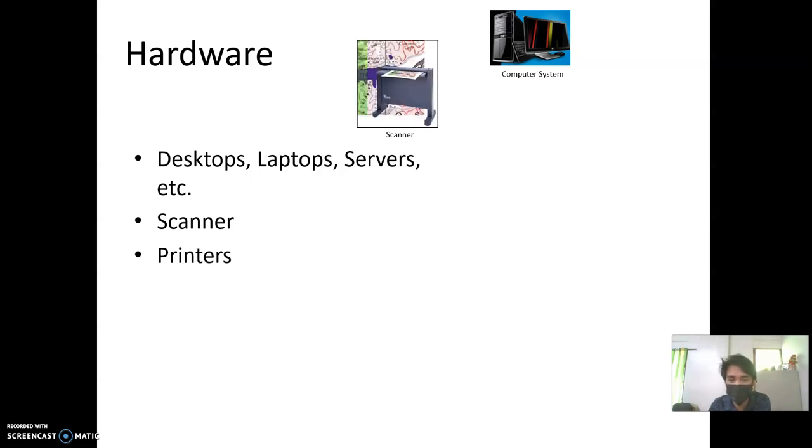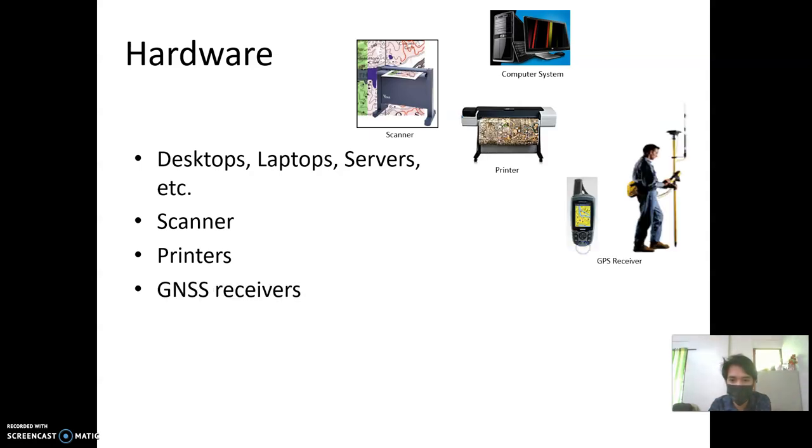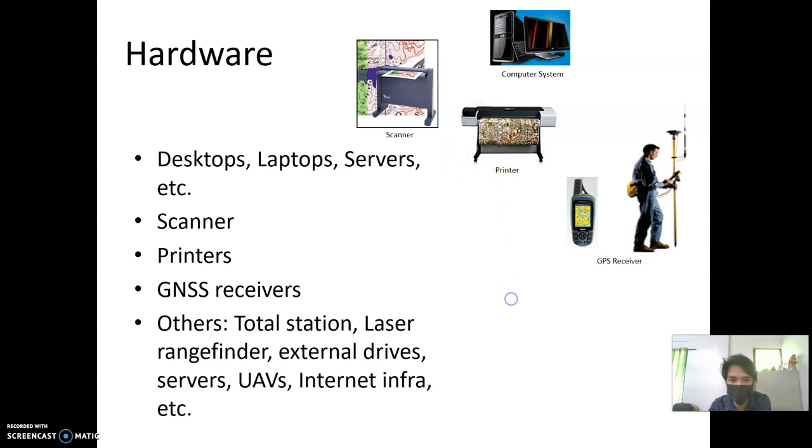Then there are scanners, printing of your maps, GNSS receivers or GPS receivers, which are very important. Others include the total station for specialty engineers, the laser rangefinder, external drives, servers, and UAVs. Drones, generally, we call UAVs or unmanned aerial vehicles because they are remotely controlled by a pilot.